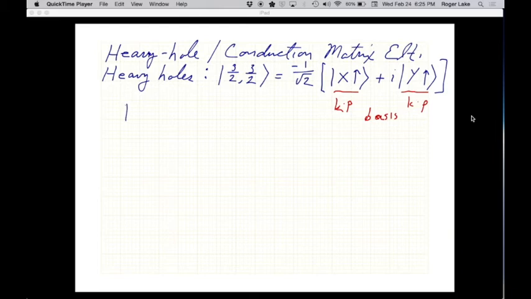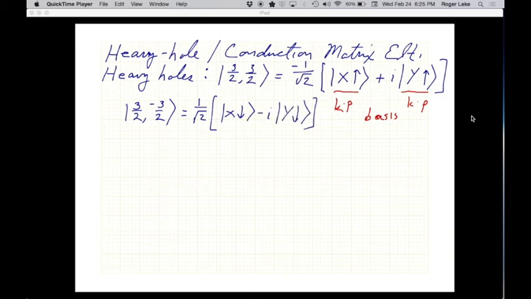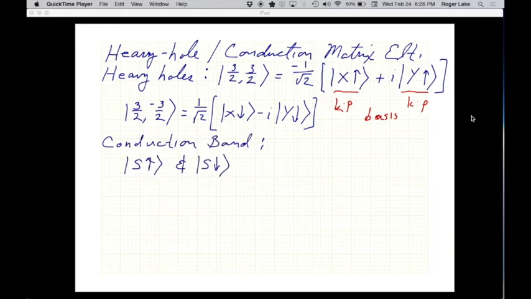So 3/2, minus 3/2 was equal to 1/√2 X down minus I Y down. And our conduction band, which will stay the same for all of this. And these, again, I'm using the K dot P notation where that's just the antisymmetric combination of SA and SB, right? That's all that is.